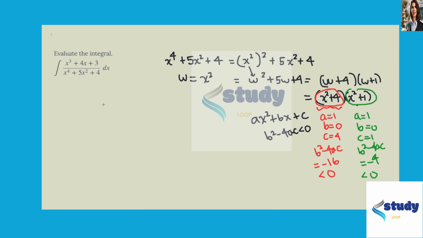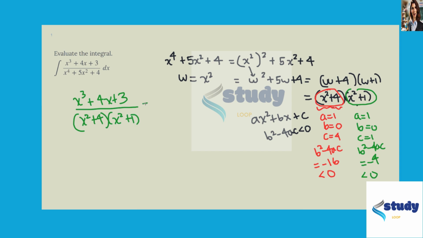So for the partial fraction decomposition, well, we have, first let's go ahead and rewrite the original problem. So the original numerator, 4x plus 3 up there, and then we factor the denominator. So that was x squared plus 4, x squared plus 1.